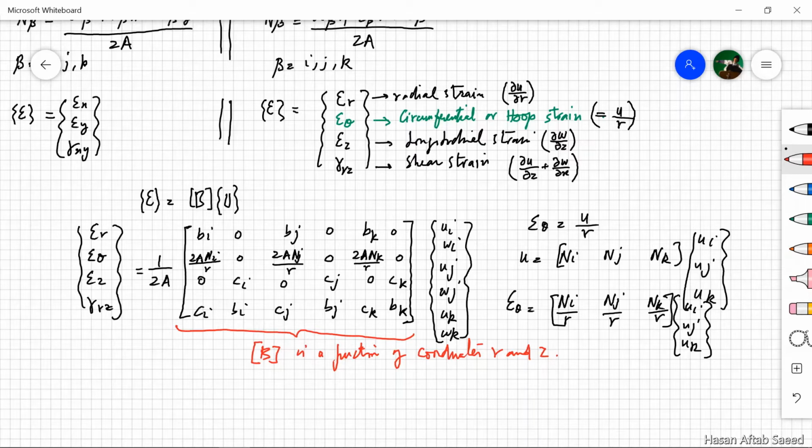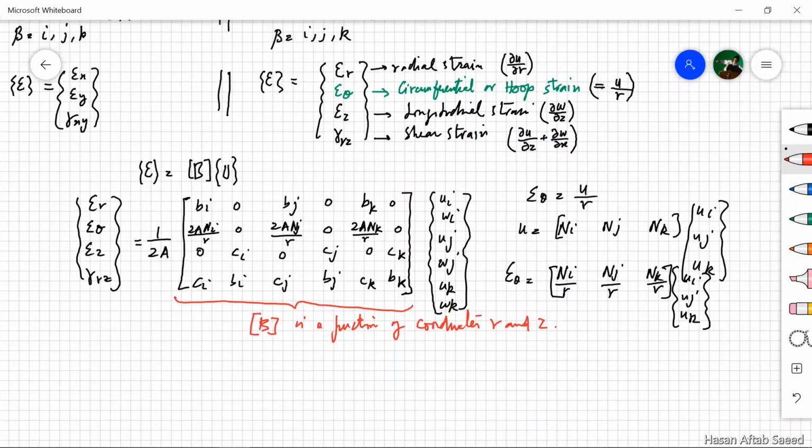But the second row is something new. That is, B is a function of coordinates r and z. R is visible in the expression itself. As far as z is concerned, focus on ni, nj, nk. You have to calculate ni, nj, and nk, which are functions of r as well as z. We'll return to this point presently.